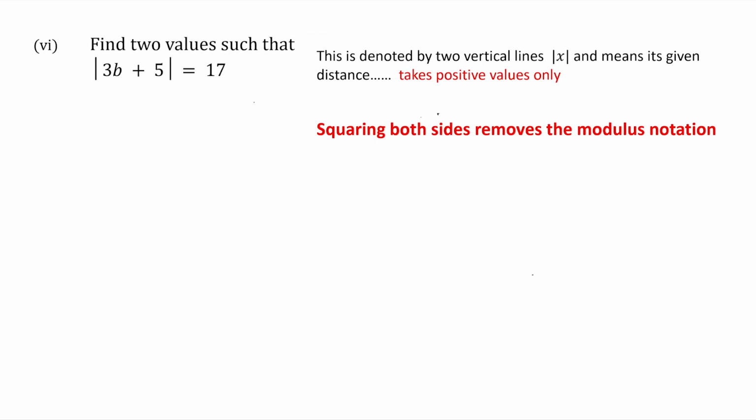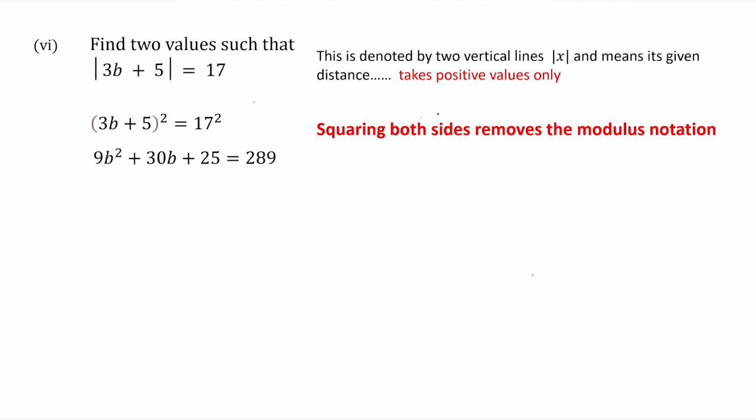Our other way to find the values of b is to square both sides of your equation, which removes the modulus notation, and solve from there. This gives us (3b plus 5) squared equals 17 squared. Expanding this, we get 9b squared plus 30b plus 25 equals 289.